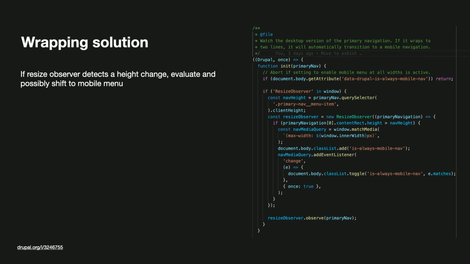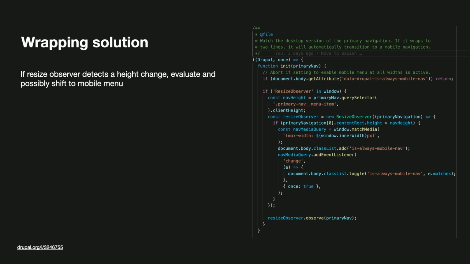What resize observer will do is fire an event and tell you when the size of something changes. So we attach that to the navigation wrapper, and we say if the size changes and the height gets larger, at that point we know it's wrapping.